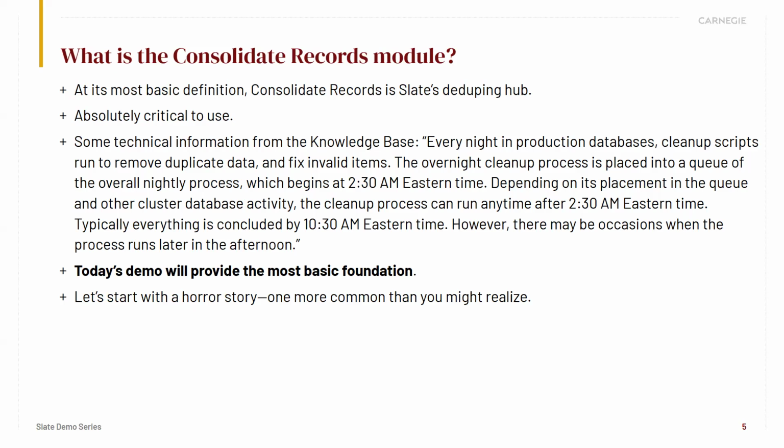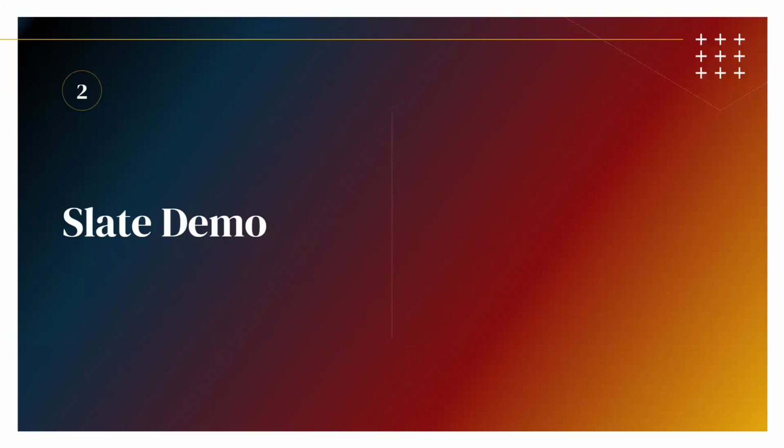And they had over 100,000 pairs of matching records. It took them months. It was a monumental task to overcome. So what I have found is, unfortunately, it's a more common story than you might realize. I have encountered schools since in a similar situation. So let's dive in. Enough with the backstory.